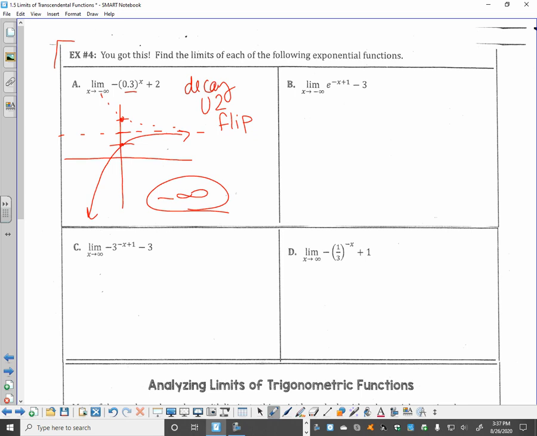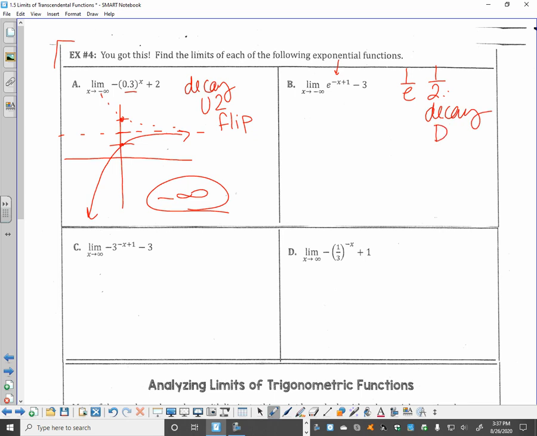This one's tricky. This is an E, and E is 2 and some change, and E is always growth, except when there's a negative on the x in his power, because negative powers flip him. So technically he's 1 over E, that's 1 over 2 and some change, and that's going to make him smaller than 1, which is decay.